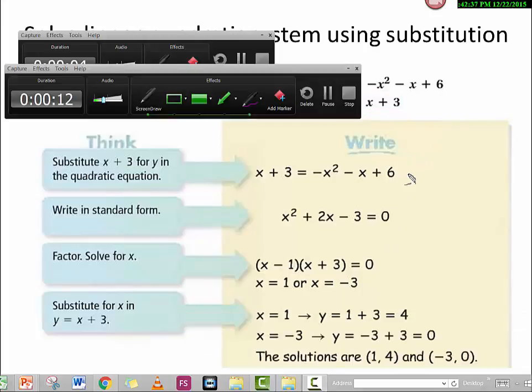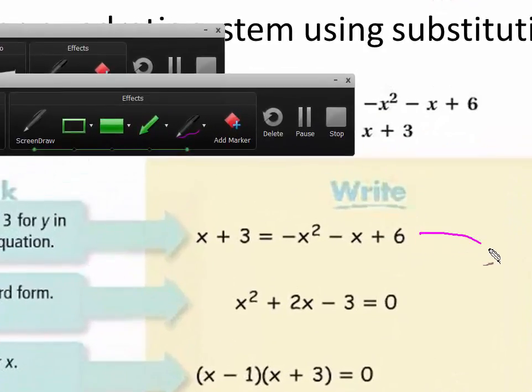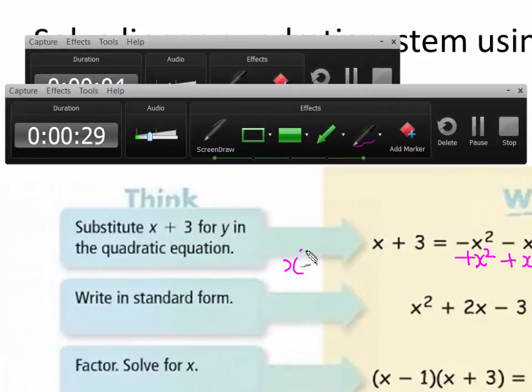Once we have this equation set up, we can change it to standard form like this. What they did is they just do the inverse. What they do on the right hand side, they do the same thing on the left hand side. So if you simplify the whole thing, it's equal to x squared plus 2x minus 3 equals 0.